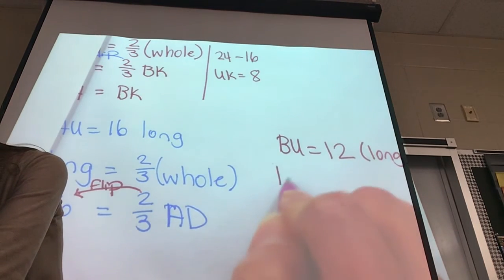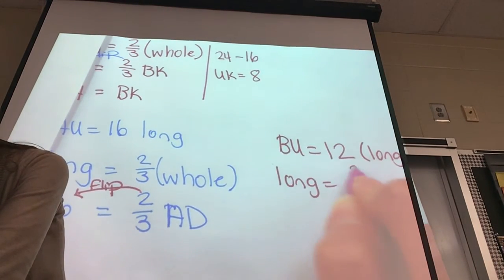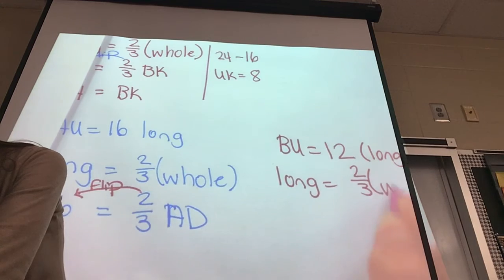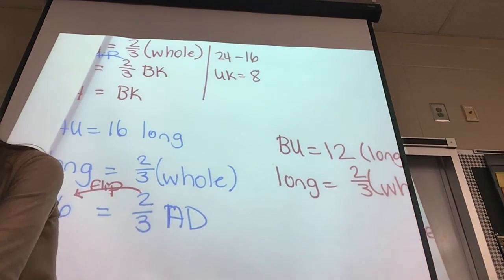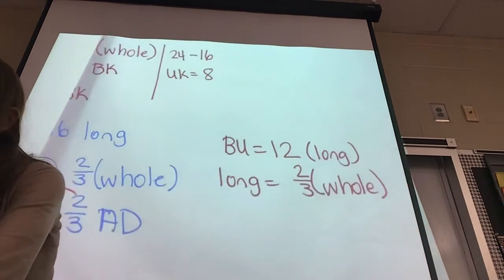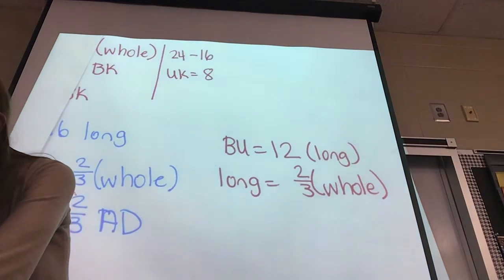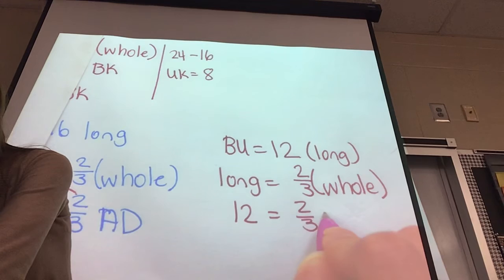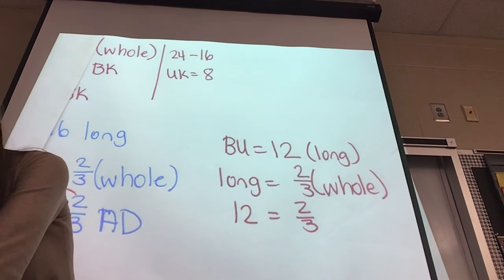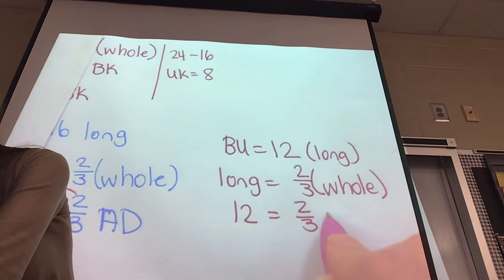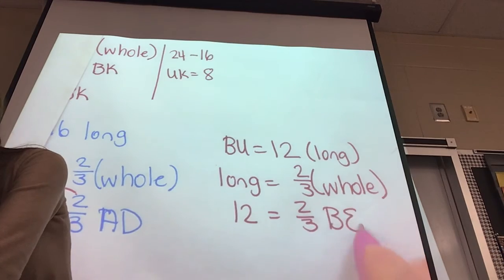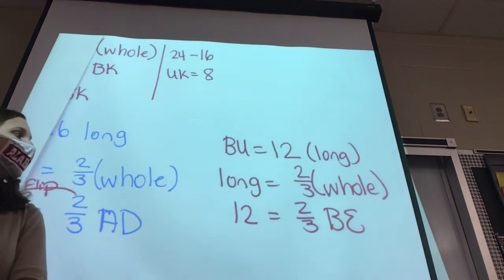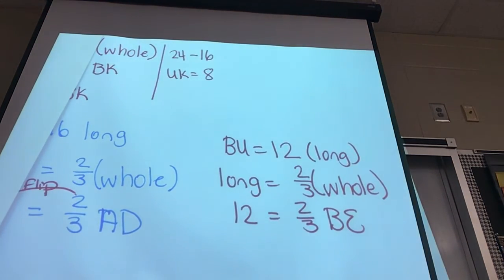one more time, plug it back in. Long equals 2/3 of the whole. So that means it's going to say 12 equals 2/3, and the whole would be what? BE? Let's not go upside down. That's 3.